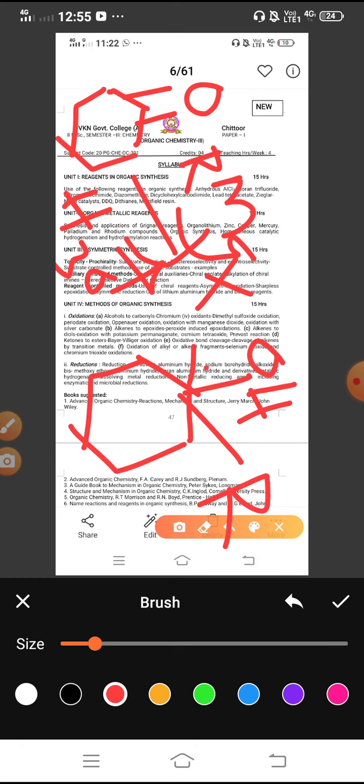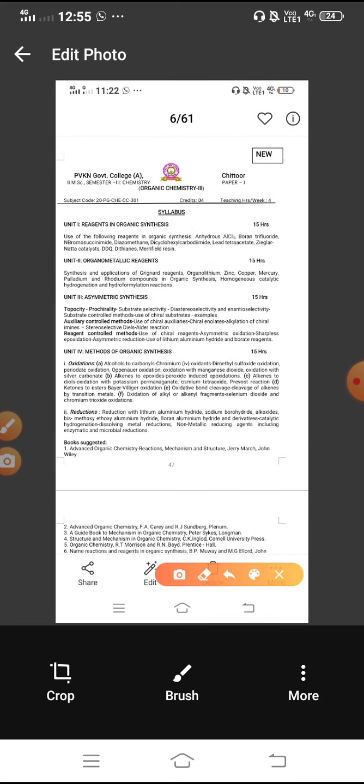See here, this carbon contains 1, 2, 3 groups and OH. This is a tertiary alcohol. So this is the use of organometallic reagents.